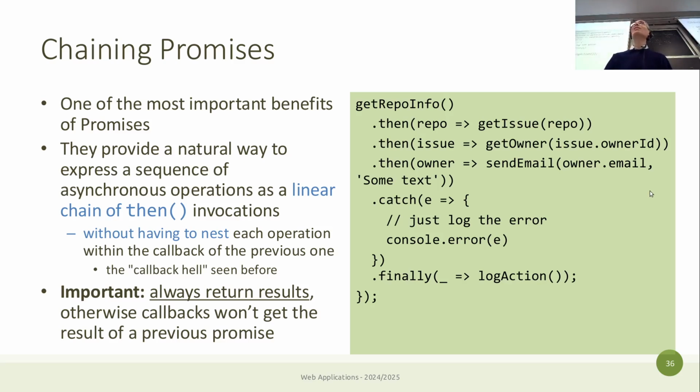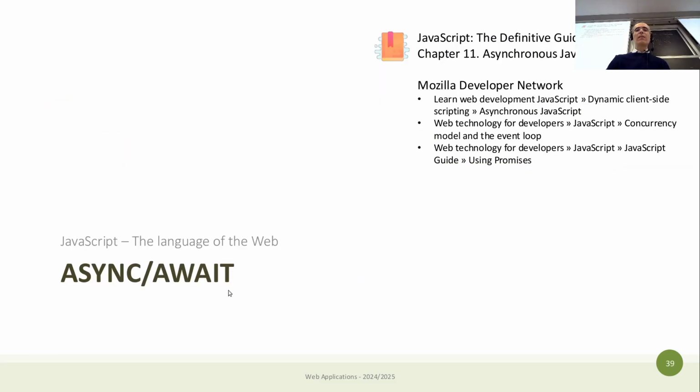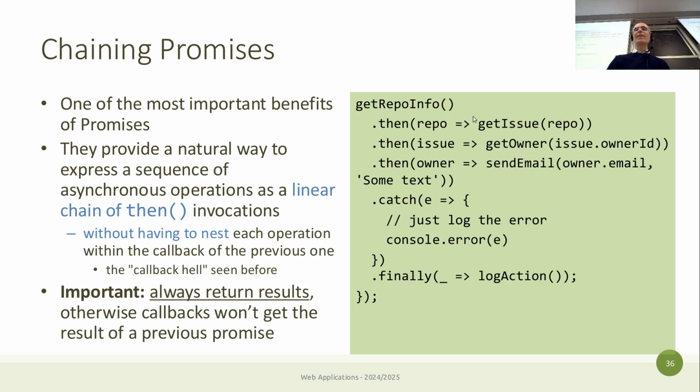And actually, JavaScript can do better because the .then syntax is not so nice to write. We would like to have something like: wait for this operation to complete and then proceed to the next line. Okay, so write code really sequentially.